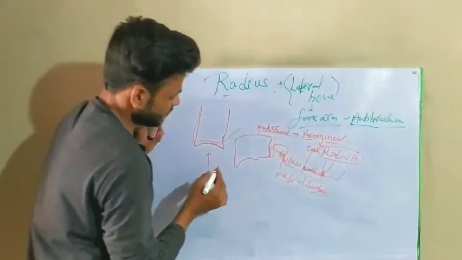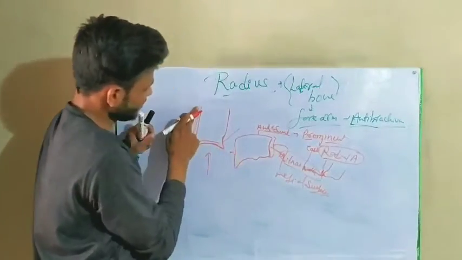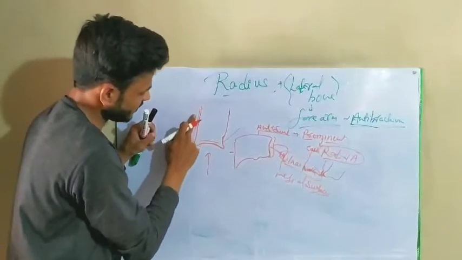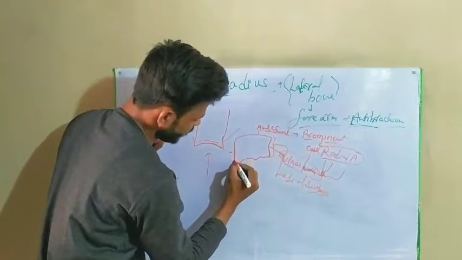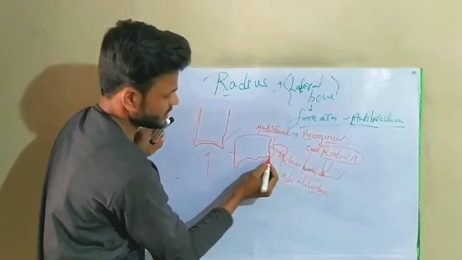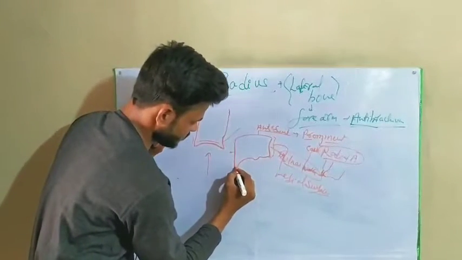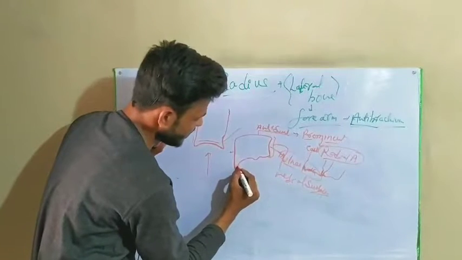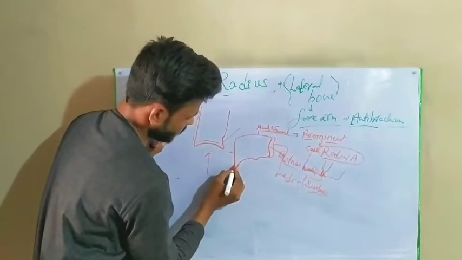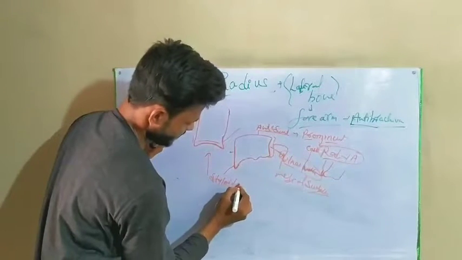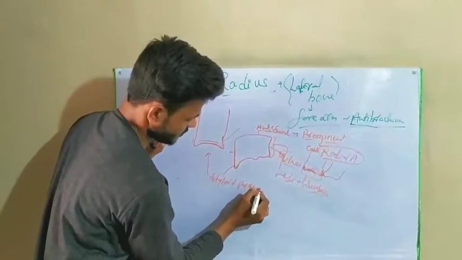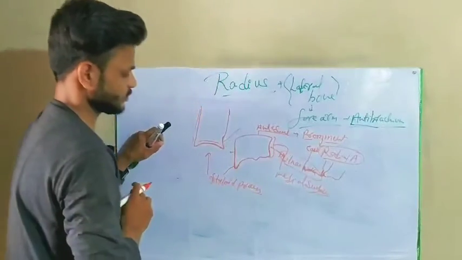Now, this surface is our lateral surface. The lateral surface projects downward in comparison to the medial surface, and this projection makes a process. This process is called the stellate process.